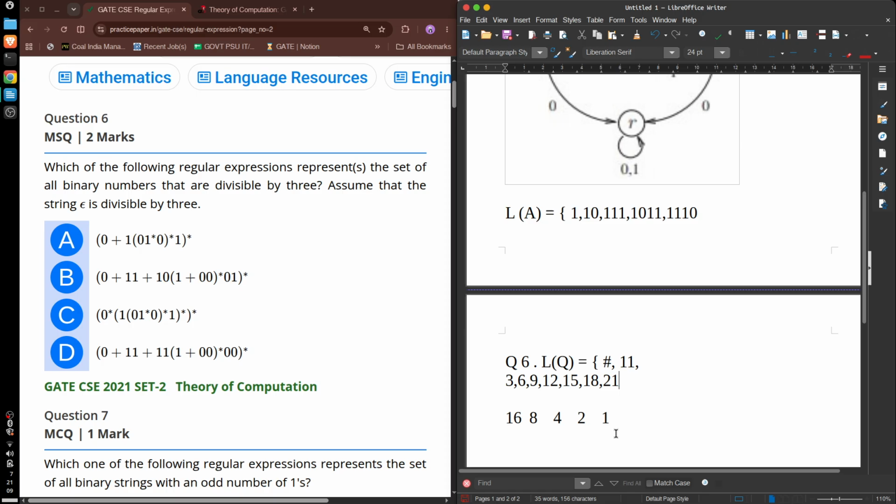So for these two we get 3, and to make 6, 4 and 2 is 6, so it will be 1 1 0, right?